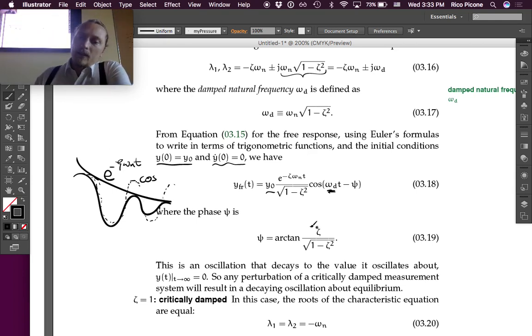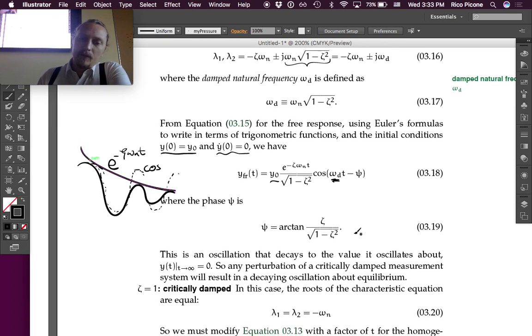And then the phase is just this expression. This is an oscillation that decays to the value it oscillates about as it approaches infinity, which is 0.